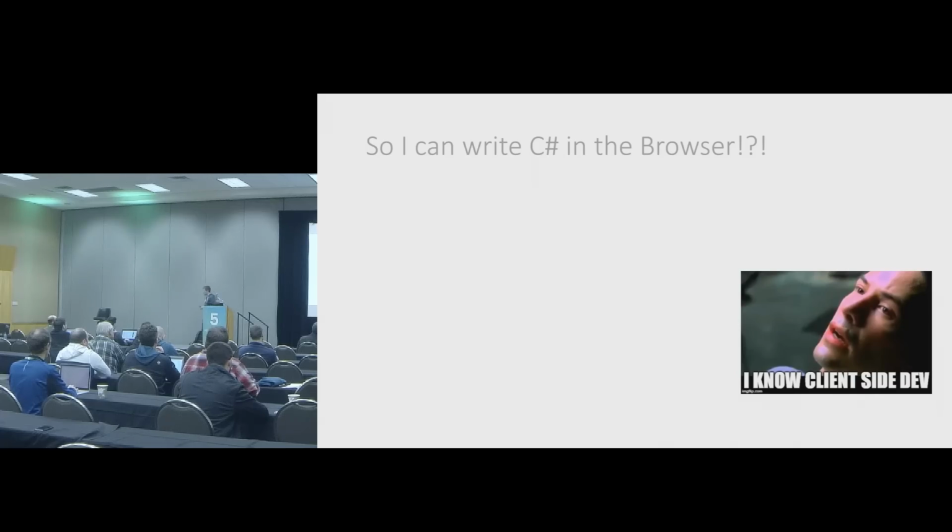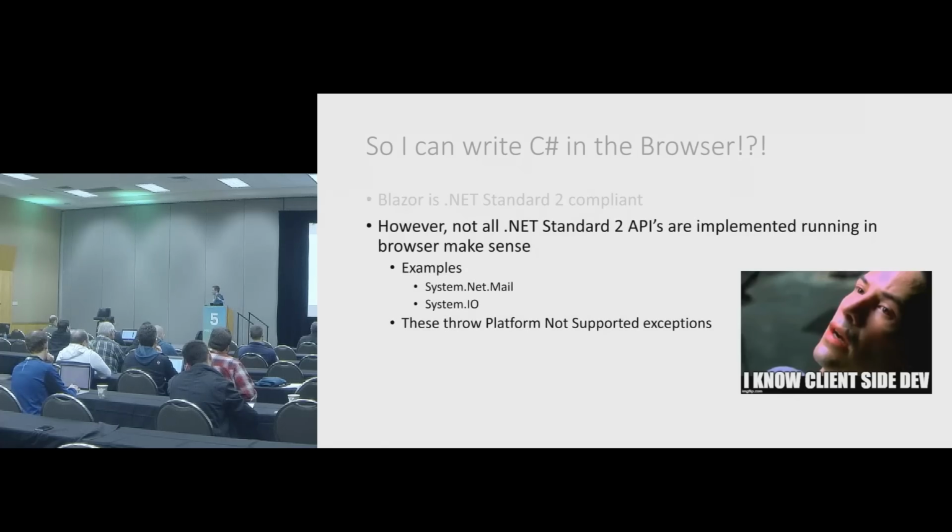So you may be thinking to yourself, all right, cool. I can write C# running in the browser. So what kind of C# can I write? Well, Blazor is .NET Standard 2 compliant, which means like 60, 70% of the .NET framework that you know and love can run in the browser, with a bit of an asterisk. So you are running in a sandbox in the browser.